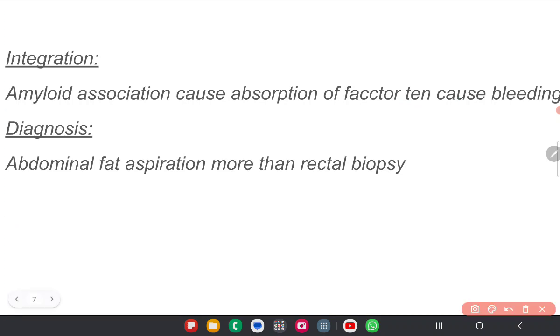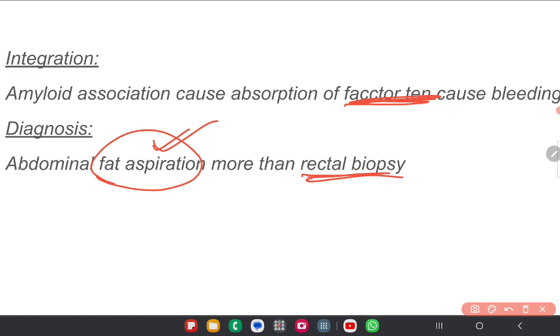As we already discussed about pinch purpura, the factor 10 deficiency causes bleeding whenever there is a pinch or touch. Diagnosis: abdominal fat aspiration is preferred over rectal biopsy. Fat aspiration is taken from the abdomen, not the rectum, because rectal biopsy has complications like anal bleeding, mucus secretions, and so on. So fat aspiration is more preferable when compared to the rectal biopsy.